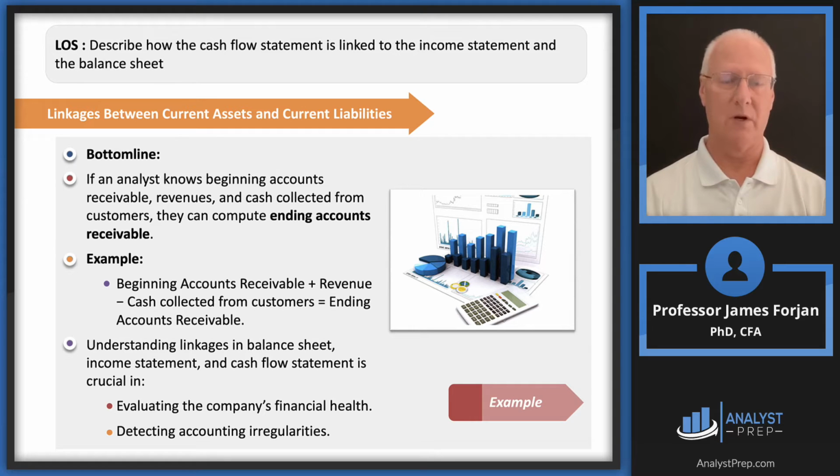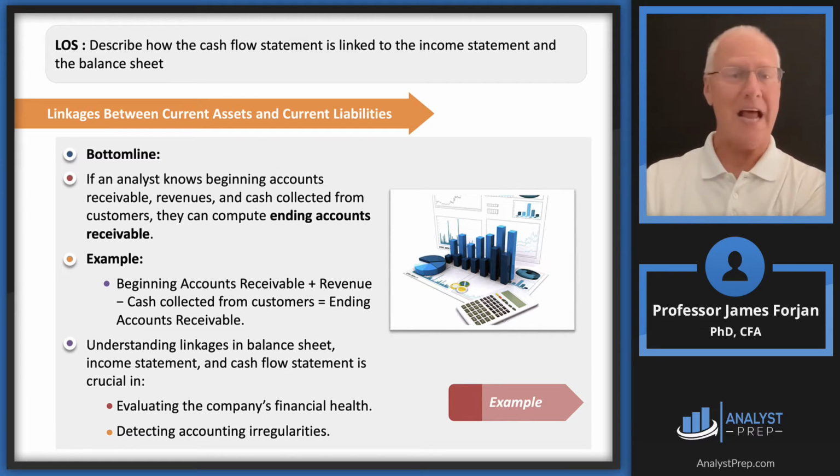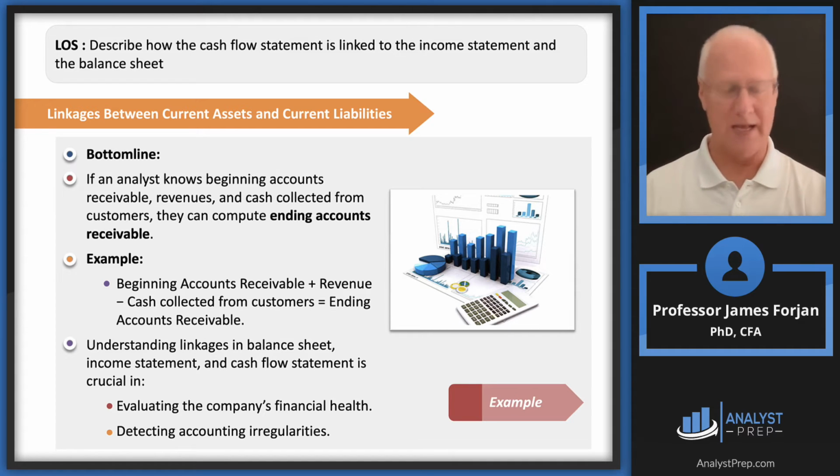So what does this tell us? We're going to look at a complete example here in just a second. But what we need to do is make sure that we are on top of what happens with beginning accounts receivable and beginning accounts payable, and then how those payments go in and out, and how they end up as ending accounts receivable and ending accounts payable.